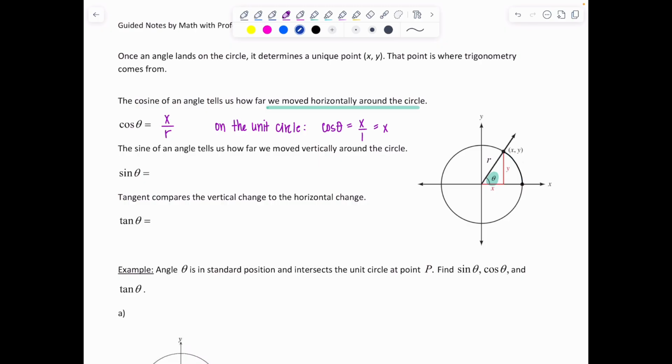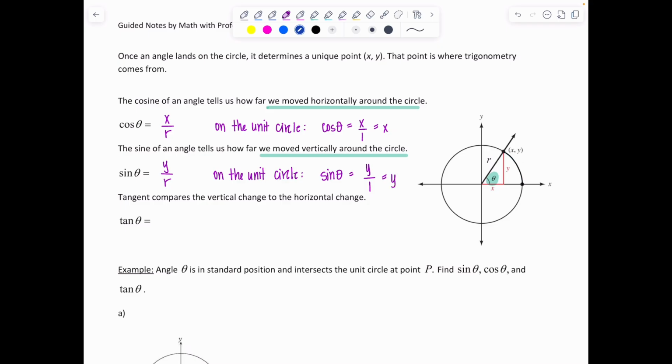Similarly, the sine of an angle tells us how far we moved vertically around the circle. So sine of theta, vertically, what is that captured by? Y over r. Now on the unit circle, what would that be? Well, on the unit circle, sine of theta is equal to y over r, where r is 1, which would just give me back y.